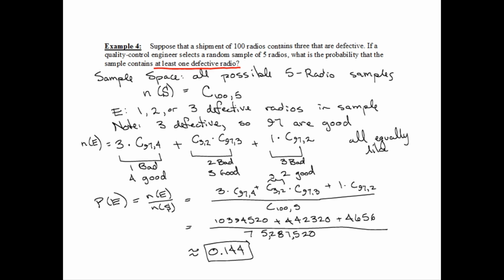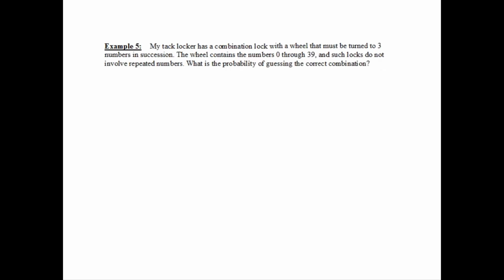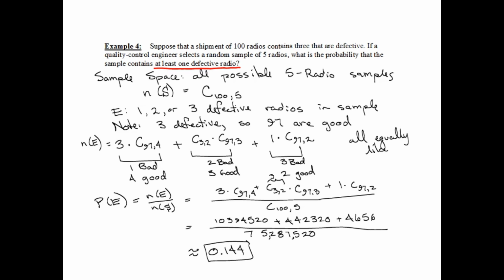Let's do this another way, and I think you'll find this is a little bit easier, and you should be alert for this. Let's go back up. Okay, so what we're going to do here is we're going to use the complement.